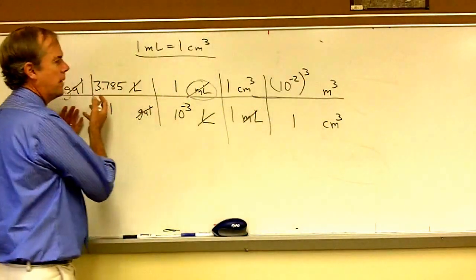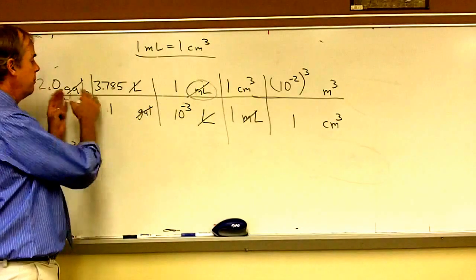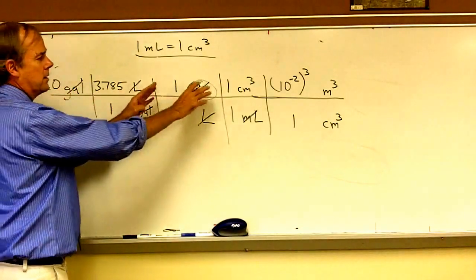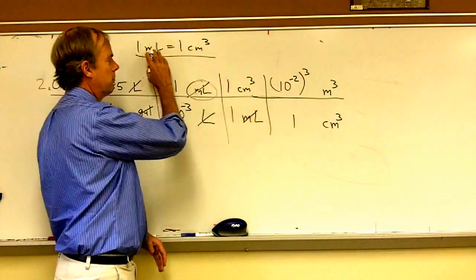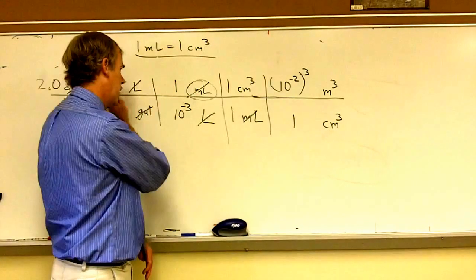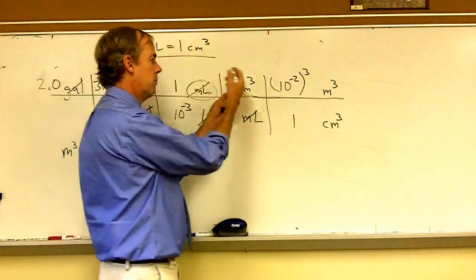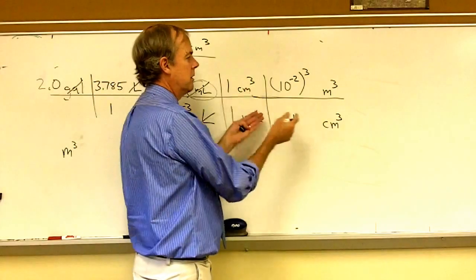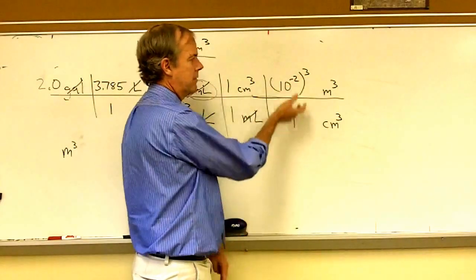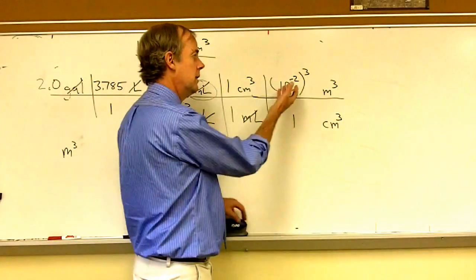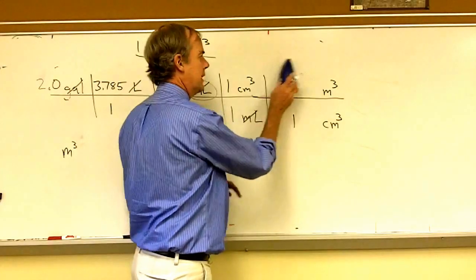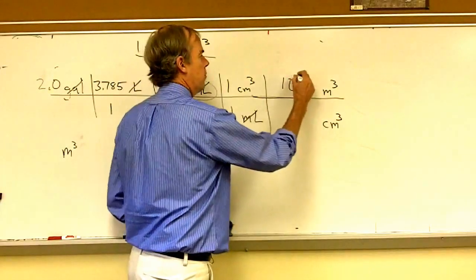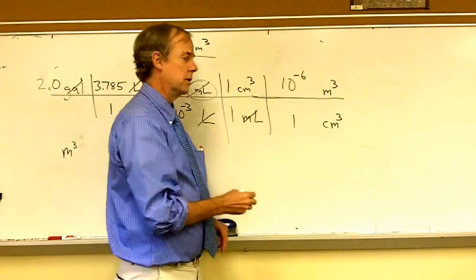Notice I haven't had to do that until this point, because all the units I had until I made this conversion from fluid to three dimensions were one-dimensional units. But as soon as I get to three-dimensional units, if I want to cancel them, I have to think three-dimensional units. This is also known as 10 to the negative 6th, if you want to save some time in calculation.